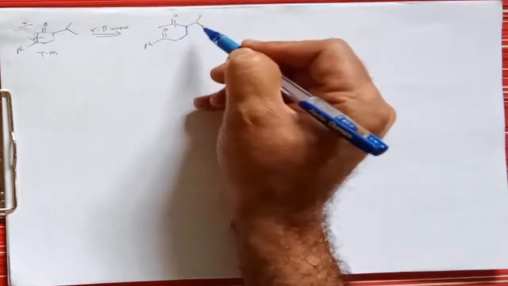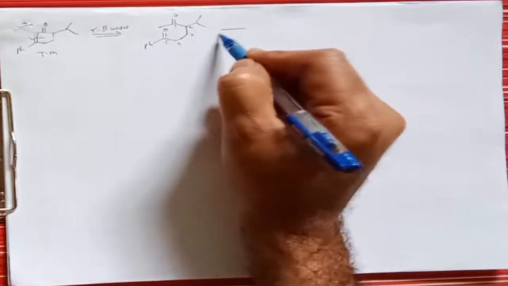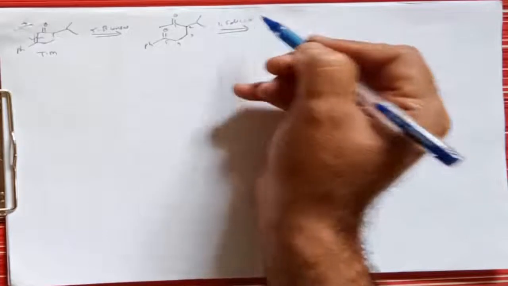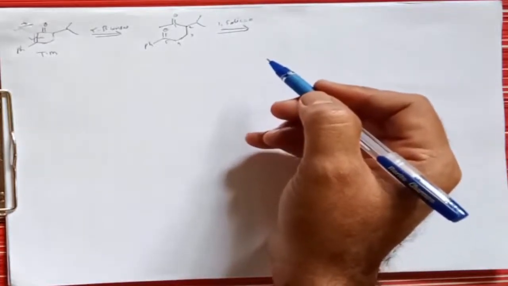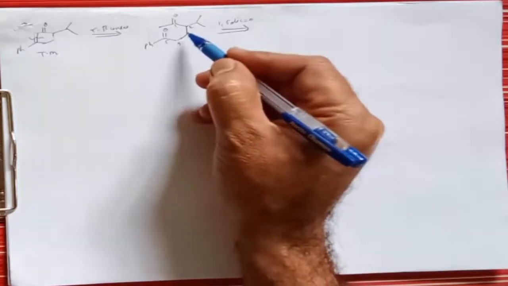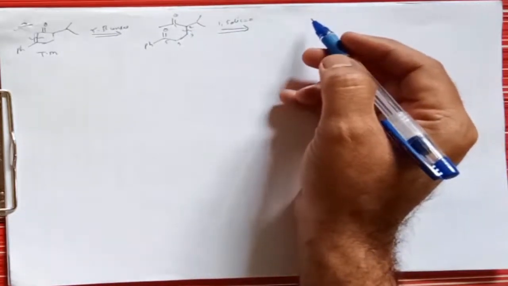Let us see here, it is 1, 2, 3, 4, 5. That is, it contains a 1,5 dicarbonyl pattern, and in that pattern we can break the bond at the C2-C3 position.